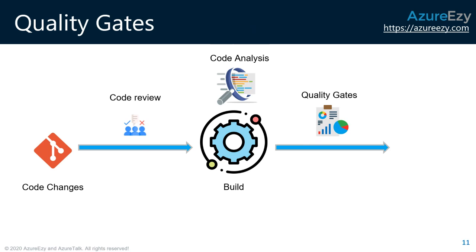Based on that, you define a quality gate. So you define that if some tests are failing and fall into a particular category, then I am not going to pass that as a build.